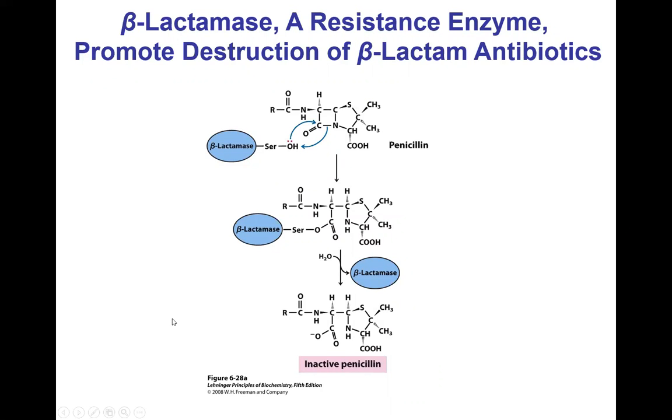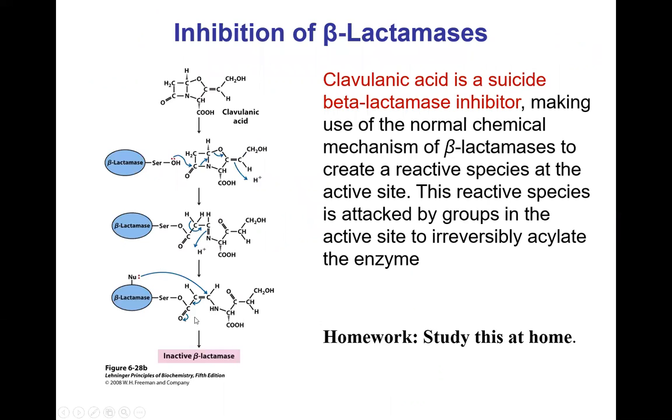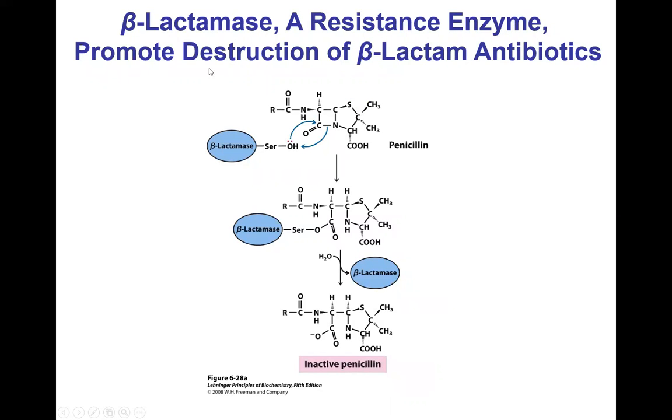Beta lactamases are these resistance enzymes that have evolved from transpeptidases, and they can take penicillin and completely degrade it before penicillin reaches its target, which would be the transpeptidases of bacteria. And that's how bacteria will keep on growing.